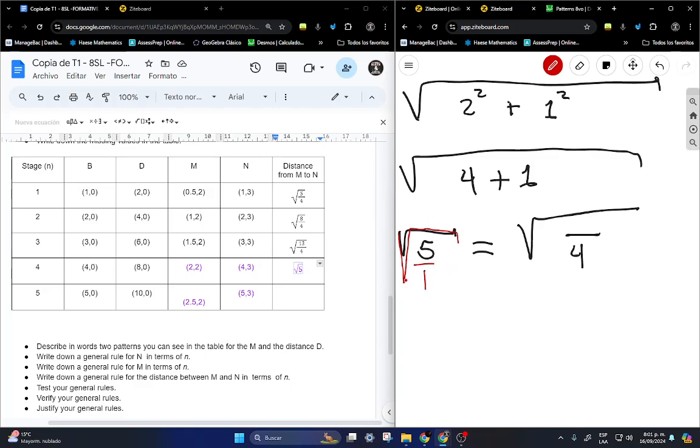All the fraction is inside. So it's 5 over 1. But if we want to match the denominator, we should multiply by 4, and we should also do it up. So 1 times 4 is 4, and 5 times 4 is 20. So the expression that we would like to have here is a square root of 20 over 4, which is 5. Just written in another way.